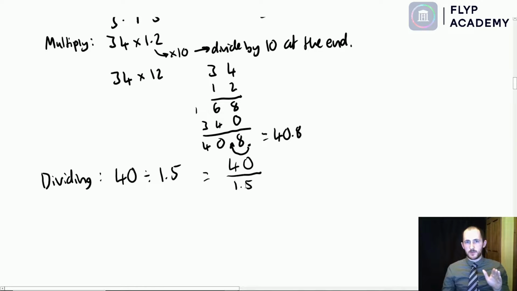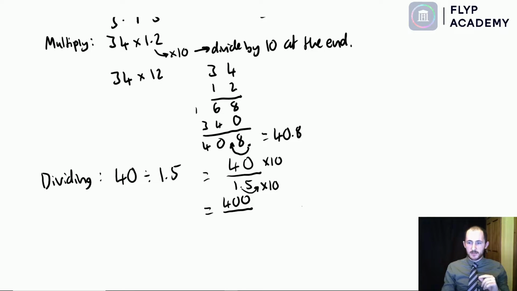I don't want a decimal. So I might think of doing the exact same thing we did in multiplication. If I times this by 10, the decimal goes away because it moves once over to the right. Now with a fraction, if you remember from the previous point we went through, whatever we do to the bottom, we have to do to the top. So it's the exact same as doing 400 divided by 15, which I can do.